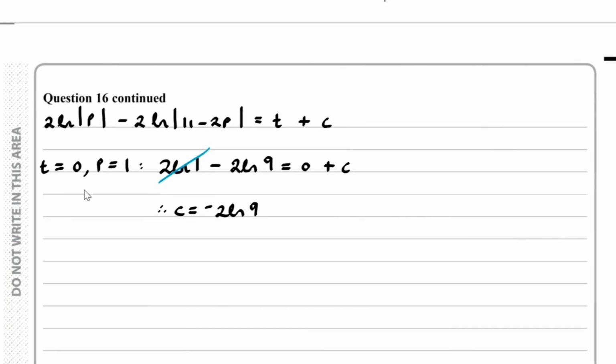And so you can see then we've got 2 times by the natural log of the mod of p minus 2 times by the natural log of 11 minus 2p equals t minus 2 times by the natural log of 9. Now what I want to do is find out what t is when p equals 2.